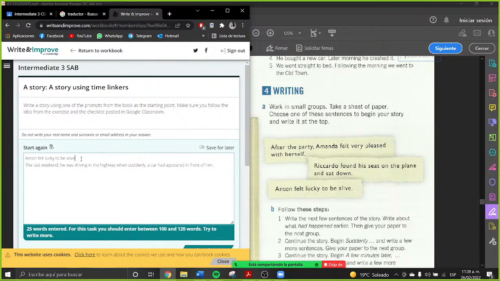Sí, cierto. Entonces podemos decir que Anthony felt lucky to be alive when he woke up. ¿Cómo se dice? De un coma, por así decirlo. Maybe. Anthony felt lucky to be alive when he woke up from a coma.